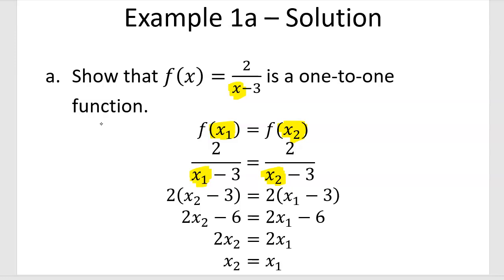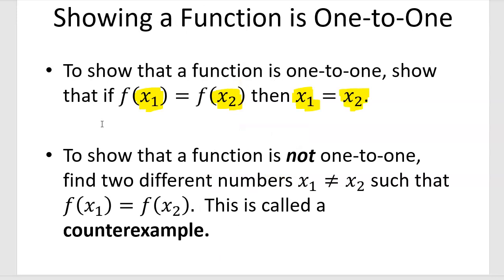You can see the algebra is all here, and it simplifies all the way down to this x sub 1 equals x sub 2 statement, like what we talked about on that previous slide. So let me go back to that: if you can get the algebra to go down to this statement, then it is indeed a one-to-one function.